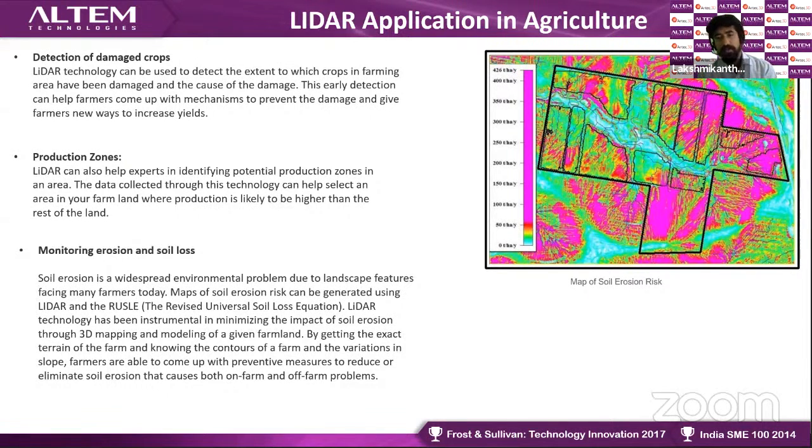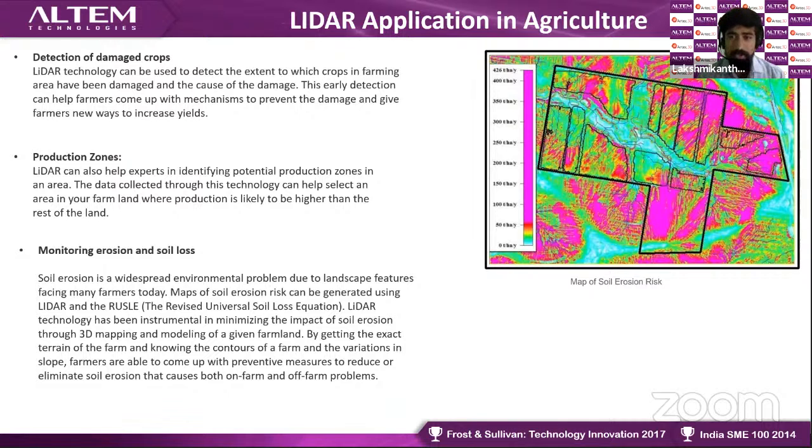Okay, and one more major advantage is calculating and monitoring soil erosion. As we know, soil plays a major role, and managing the soil is a major thing. This application helps calculate land erosion, and also if there might be chances of landsliding due to heavy rainfall, right?